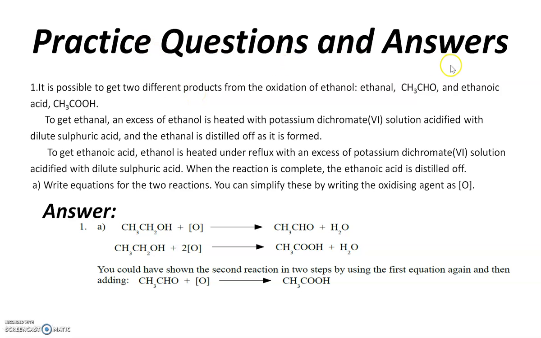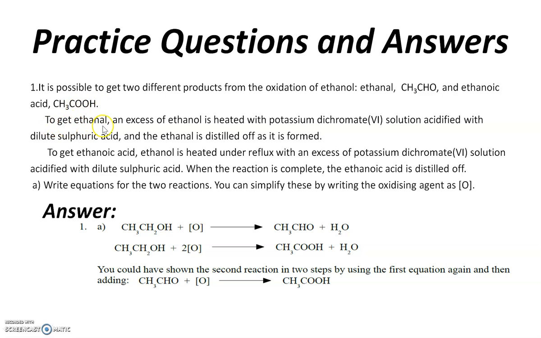Practice questions and answers. It is possible to get two different products from the oxidation of ethanol: ethanal CH3CHO and ethanoic acid CH3COOH.